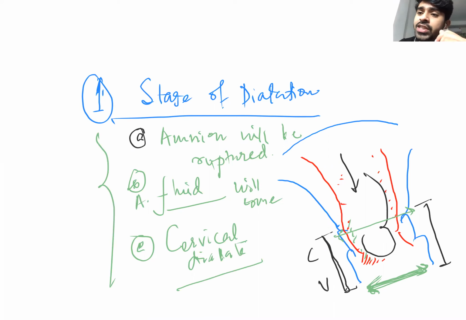That's why it is known as dilation. Why is it known as the stage of dilation? Because here the cervix is dilating. It is giving the baby a passage to deliver.